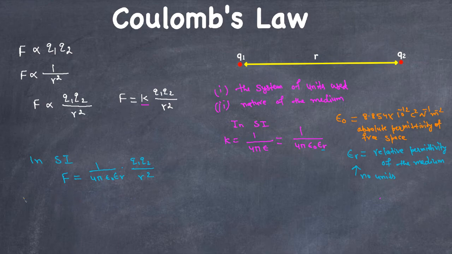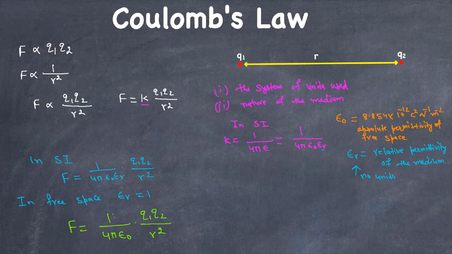In free space, the value of epsilon r is equal to 1. Therefore, inserting epsilon r equal to 1, the value of F is 1 over 4 pi epsilon naught into q1 q2 over r square. So that's the force between two charges according to Coulomb's law.